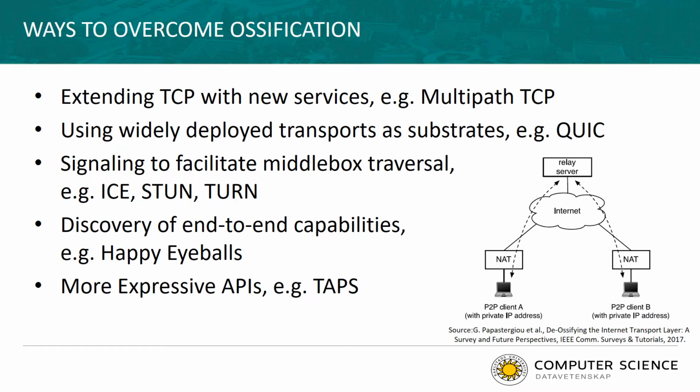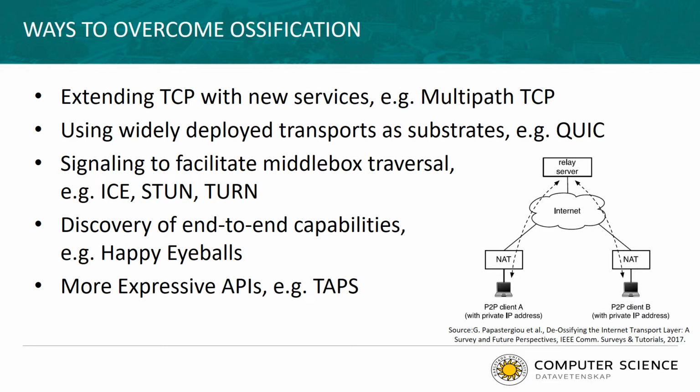And finally, to try and overcome the ossification from the socket API, we can also try to have some more expressive APIs. And this is the approach taken by the Transport Services Architecture, TAPS, which is currently under standardization within the IETF.